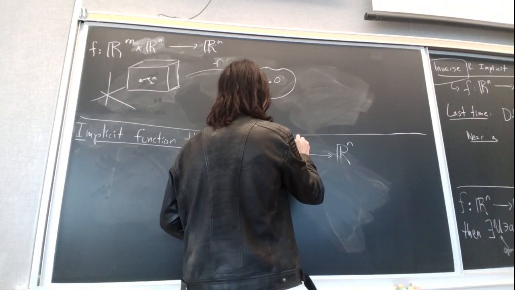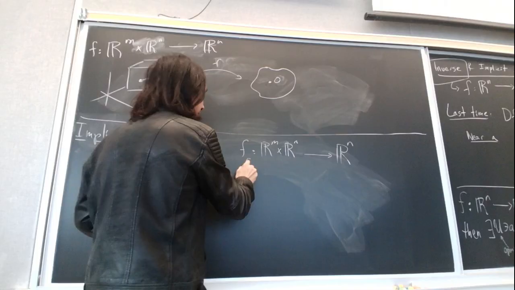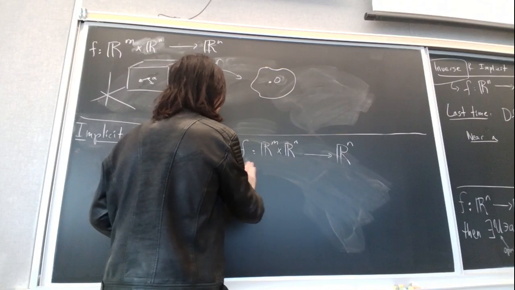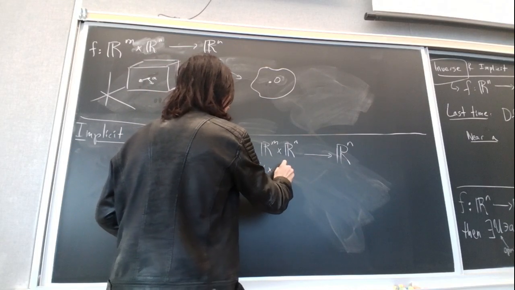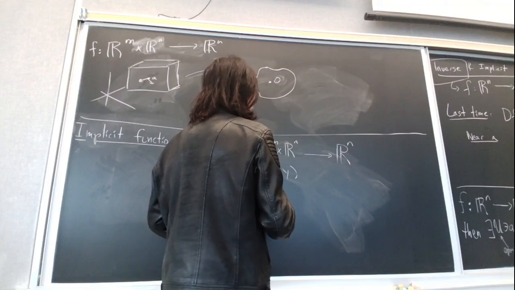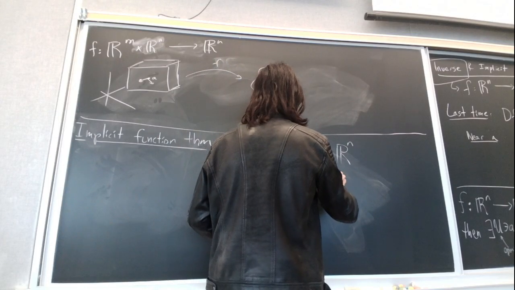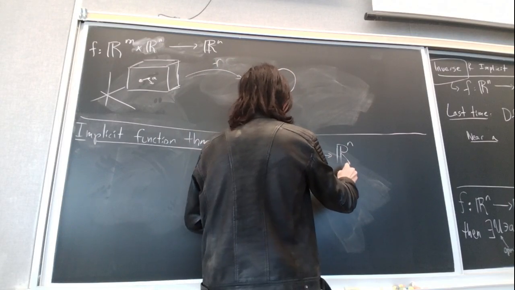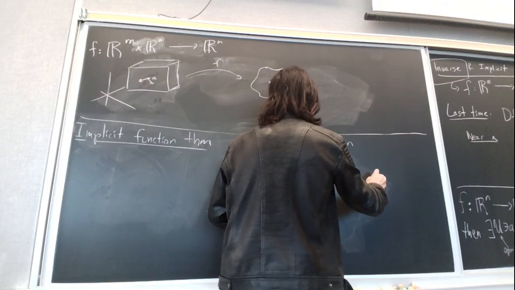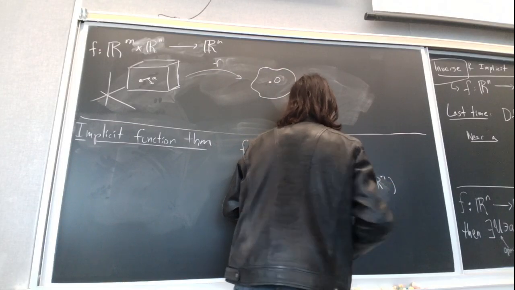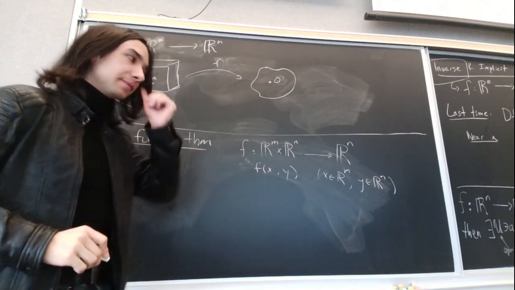And the reason is because I want to see it as a function f of x, y, where x is in Rm and y is in Rn. This is for notation. Okay, does this make sense to people?